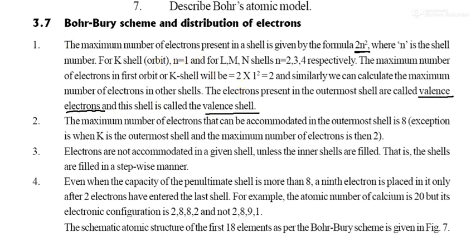Now let us see what happens in this step. Here is the number n and here is 2n square. If n is equal to 1, 2 into 1 square, that means 2. If n is equal to 2, that means 2 into 2 square, it means 2 into 4, that is 8.